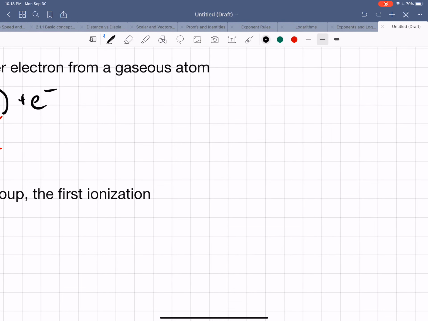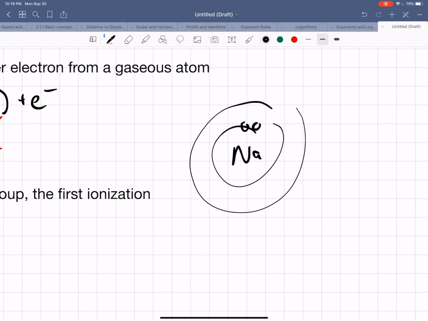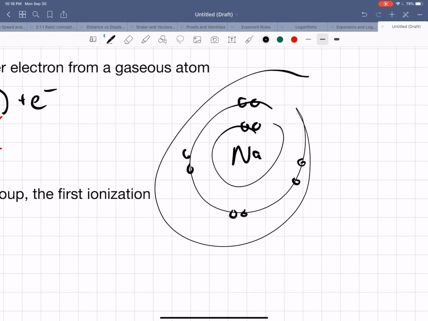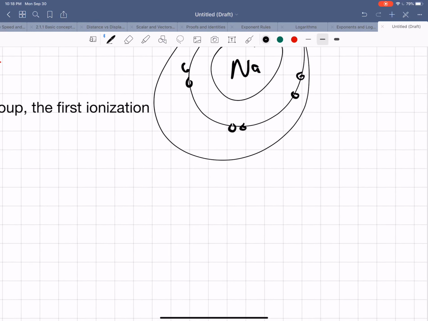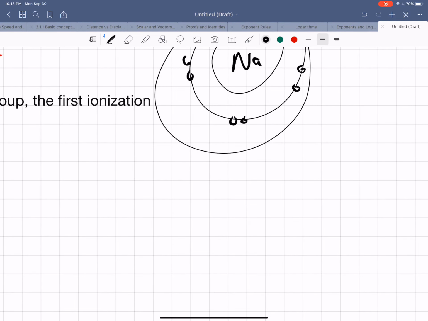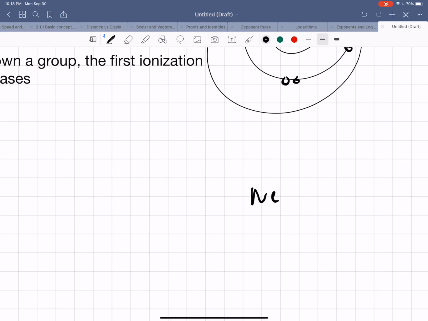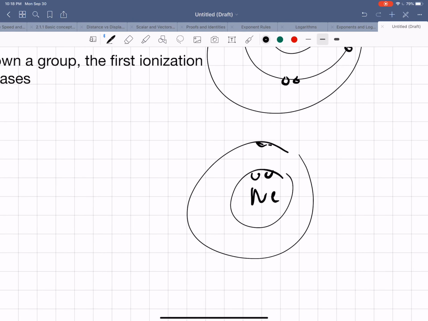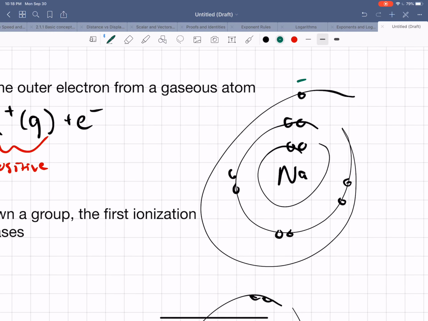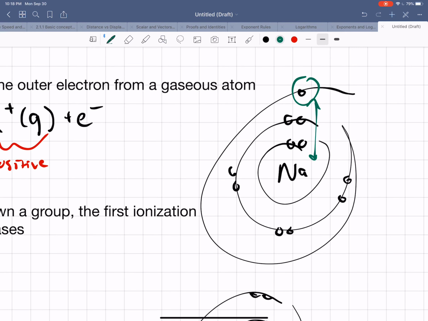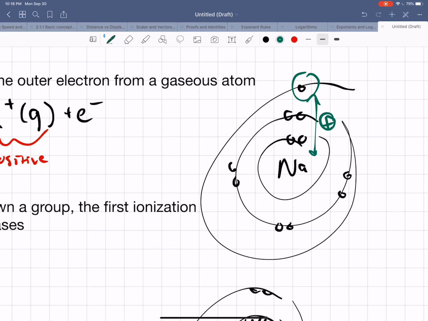Say I had a sodium, because we all love sodium. We're all salty people. Say I had sodium, and let's compare that to, say, a noble gas like neon. If you look at this electron, it's very far away from the nucleus, and it's not very influenced by the positive charge of the nucleus.